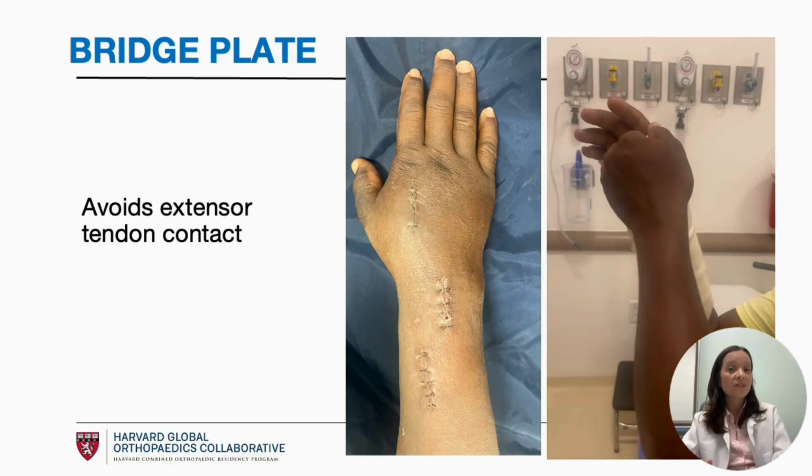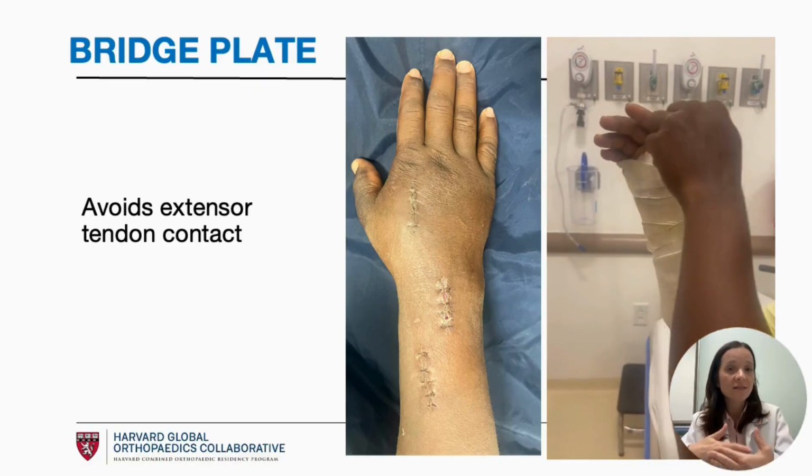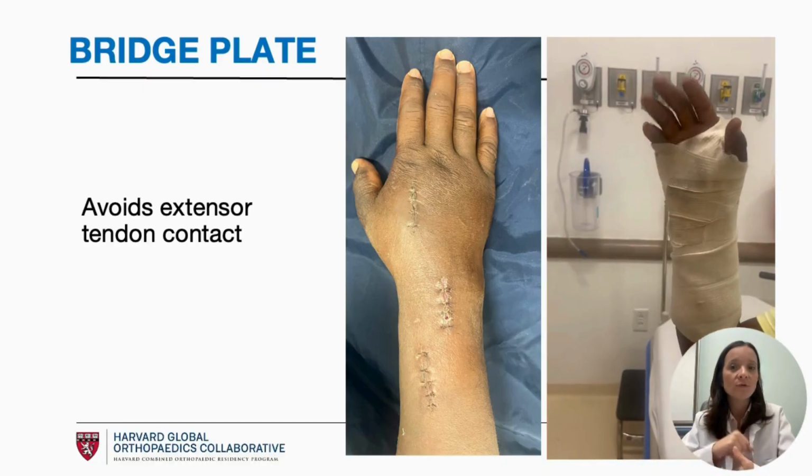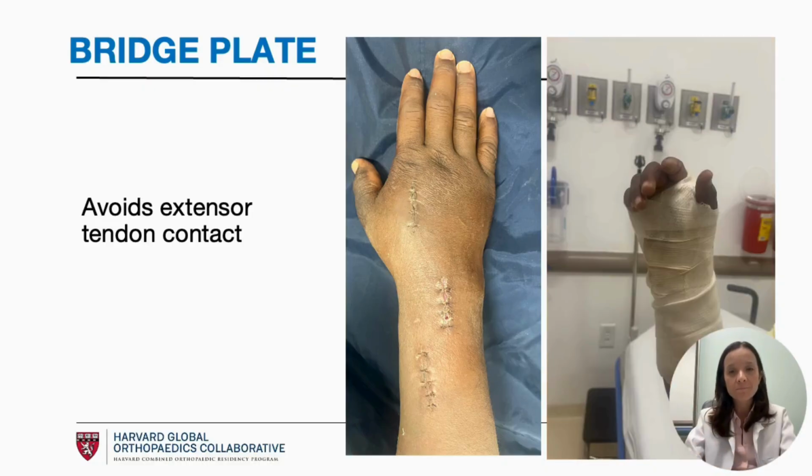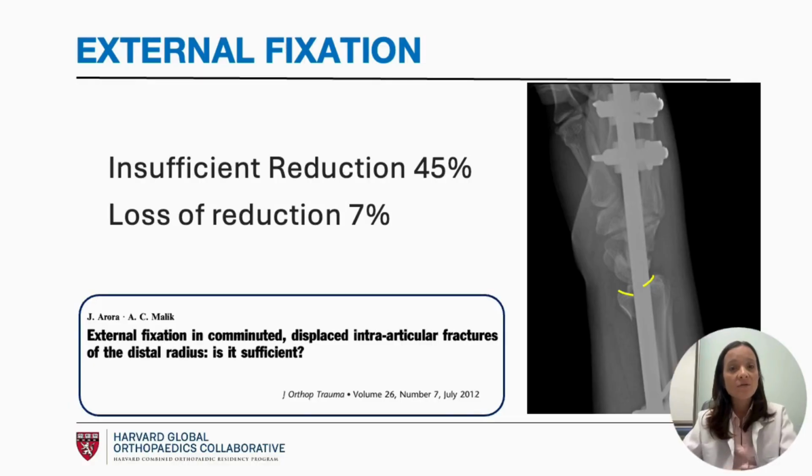And because it avoids contact with the extensor tendons, it's easier for the patient to move their fingers from the beginning. However, adequate reduction is obtained only in half of cases where ligamentotaxis is used, and loss of reduction is expected in the following weeks if used isolated for complex distal radius fractures.